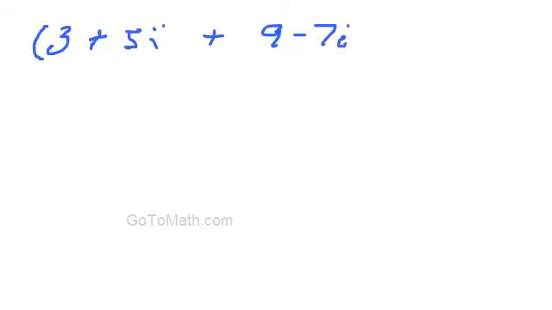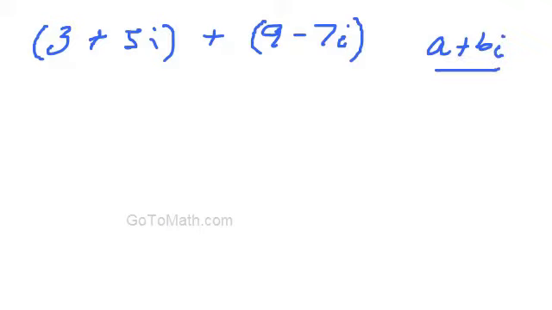So we have this complex number 3 plus 5i plus 9 minus 7i, and we'll put parentheses around this. There's a reason for these parentheses. We've got two complex numbers. We're going to add them together, and we want to get them in this form right here, a plus bi.